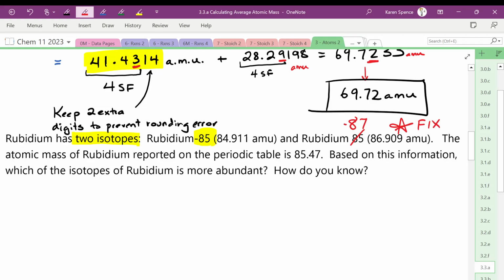The atomic mass of rubidium reported on the periodic table is 85.47. Based on this information, which of the isotopes of rubidium is more abundant? Do you know what it means when we say more abundant? It means which one is there more of?